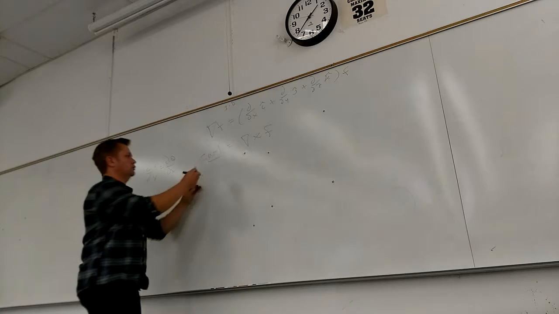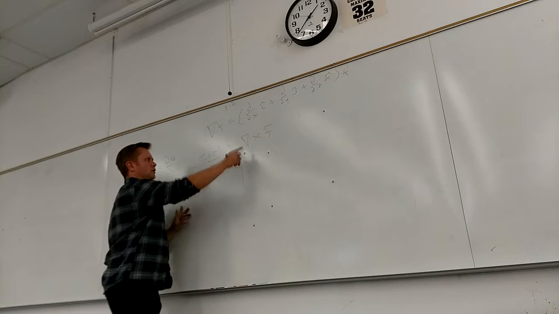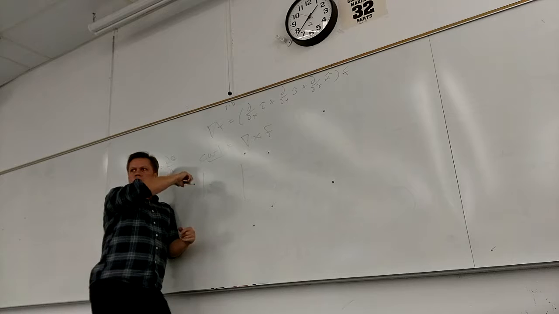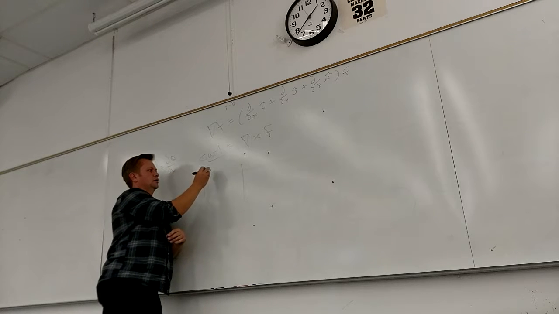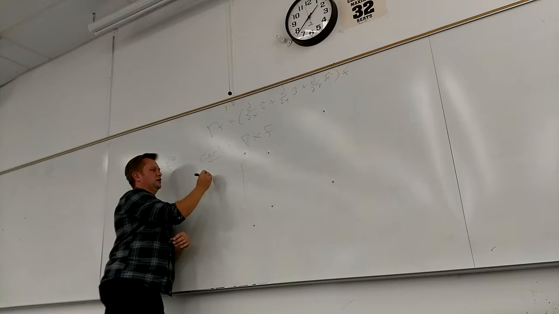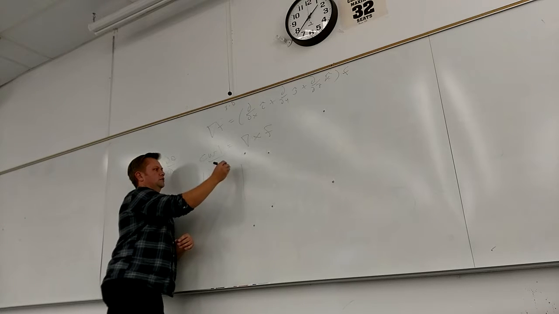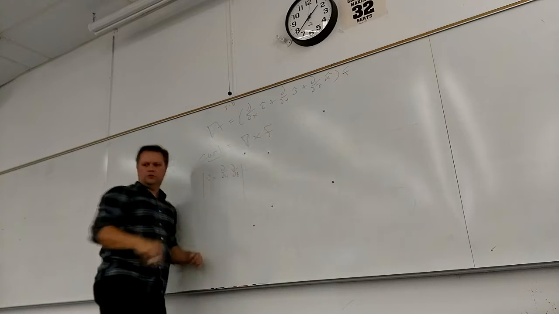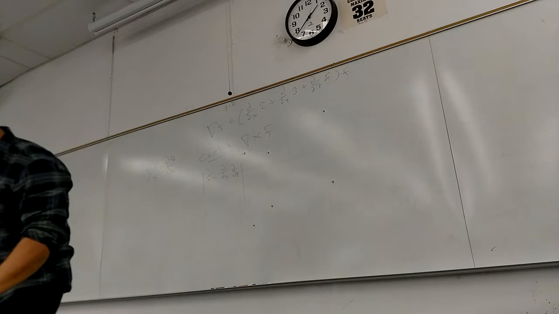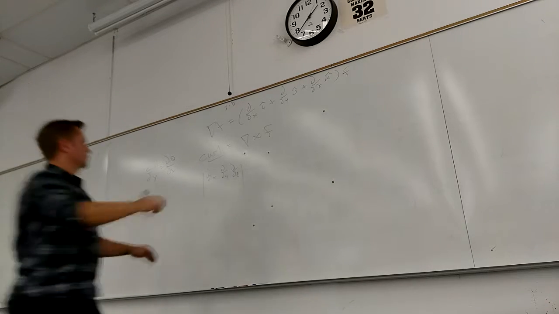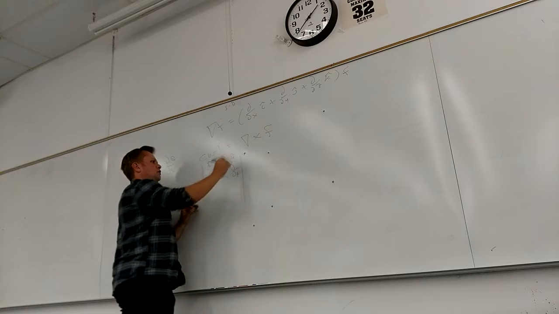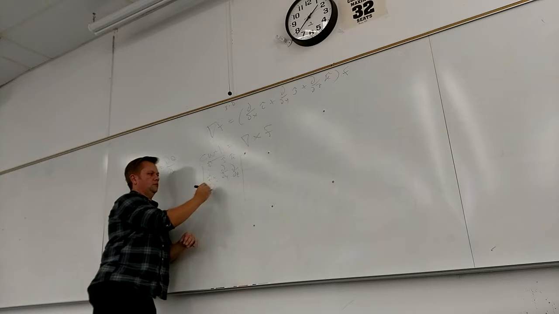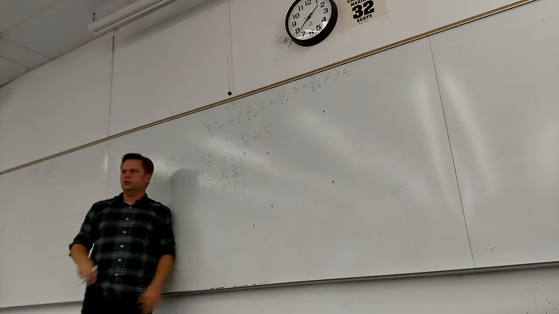So here the matrix would be, you would put d by dx, and then i, j, k, of course, and then down here is going to be your P, Q, R. They do have this in the book.